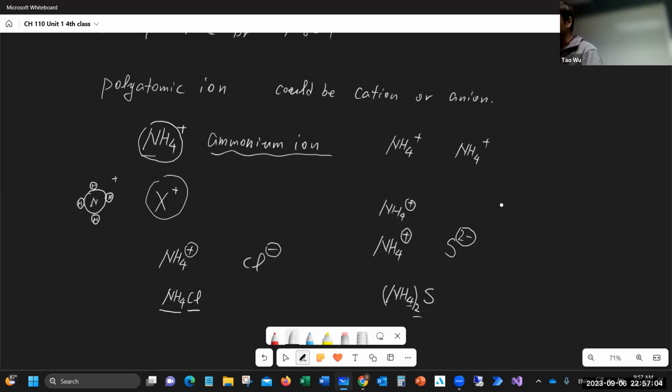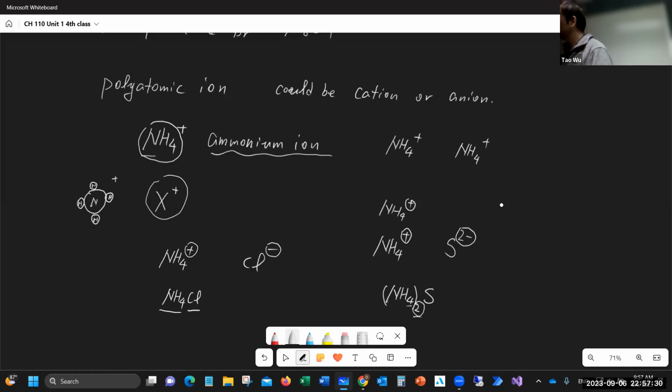The 2 outside of the parenthesis tells how many of this polyatomic ion we have. So the 2 shows we have 2 of the ammonium ion, and the 4 means we have 4 hydrogens inside the ammonium ion. Are you clear?